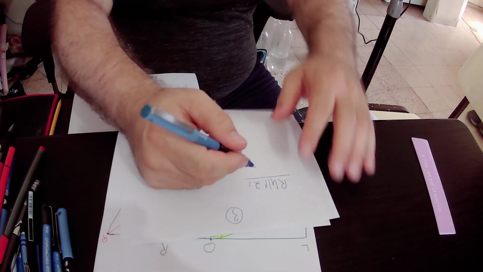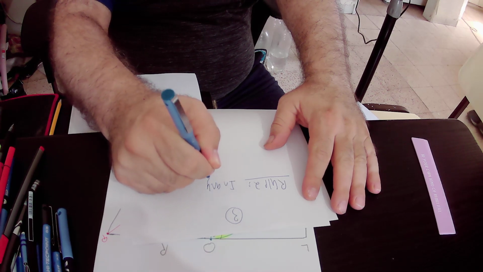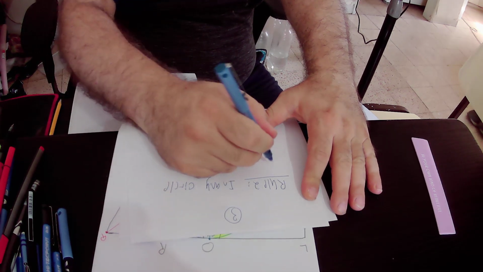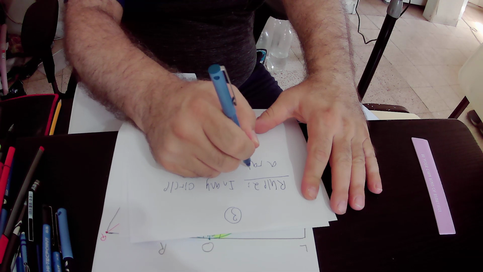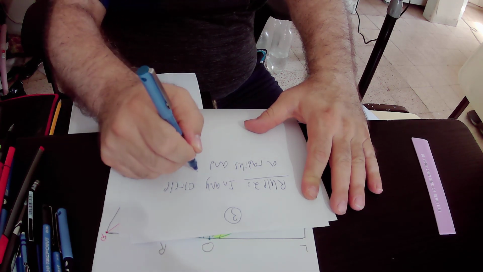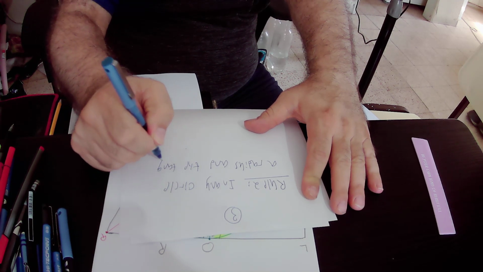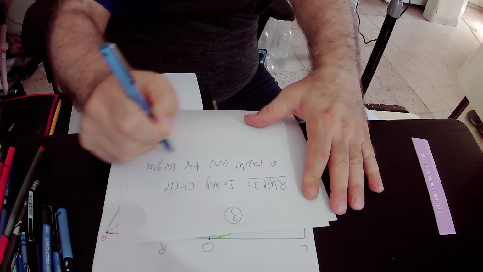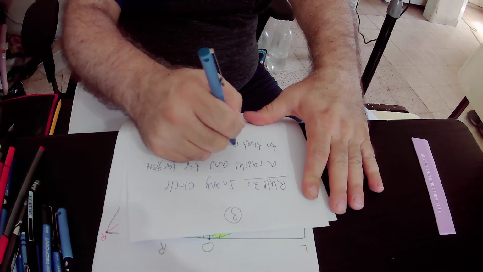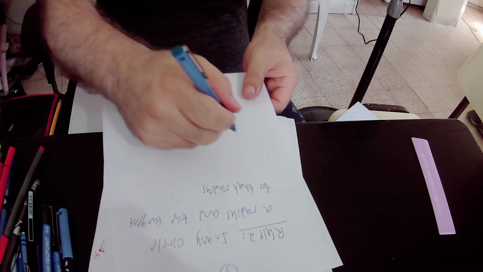Rule number 2 states that in any circle, a radius and the tangent to that radius are perpendicular to each other.